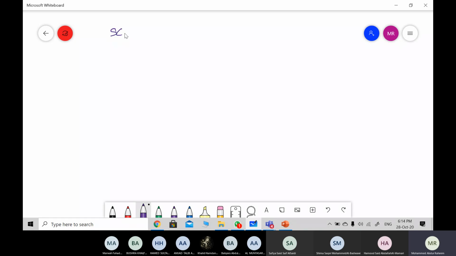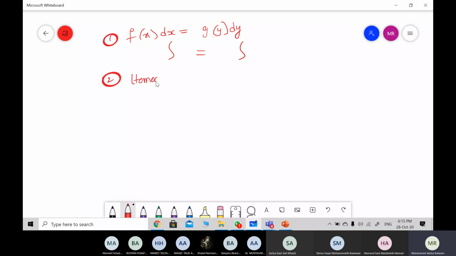So first of all, separable. What is that separable? Very easy. f(x) dx is equal to g(y) dy. Then just integrate both sides. This is separable. Homogeneous. What is homogeneous?